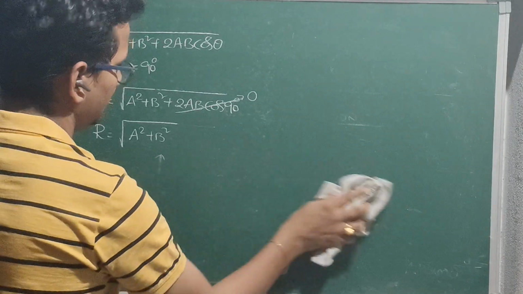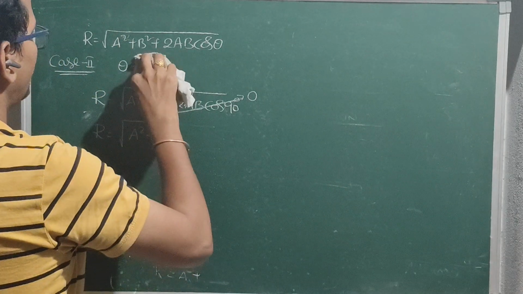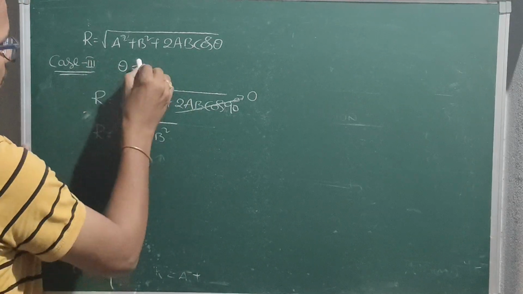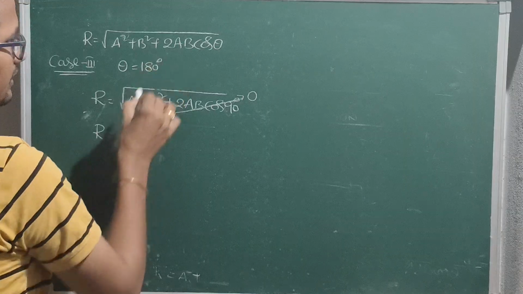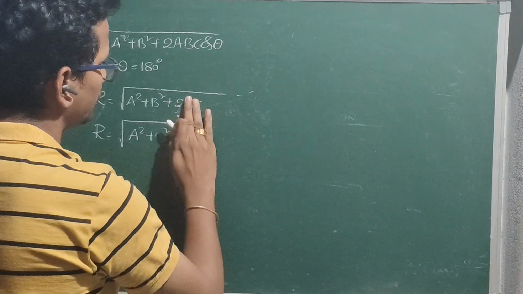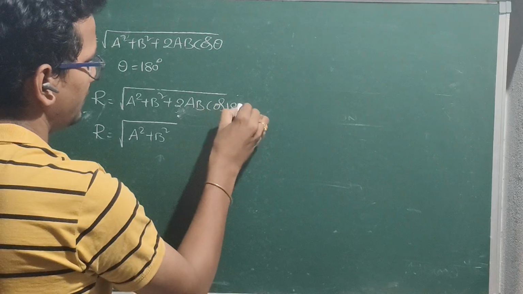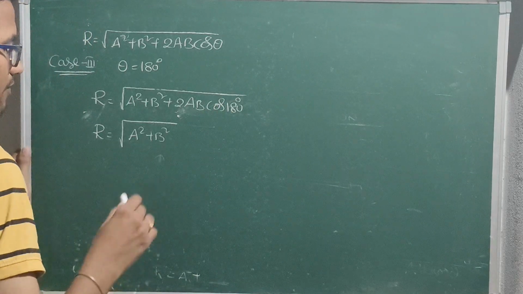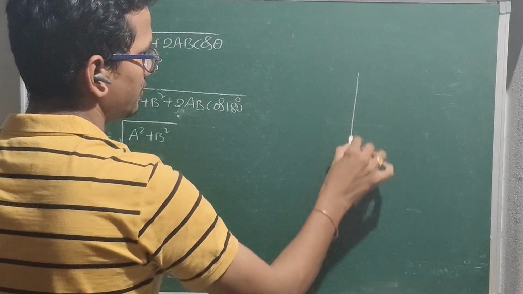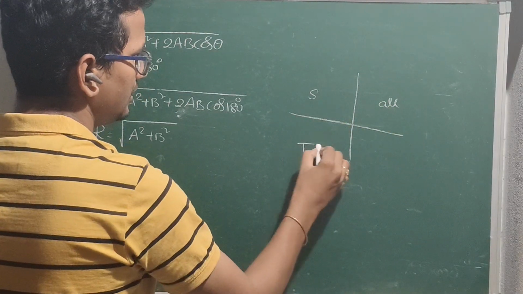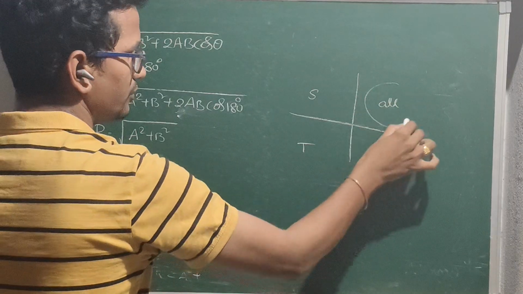Next one, if theta is equal to 180 degrees, that is case 3. Then we get 2AB cos 180. What is the cos 180? First of all, we know the All Silver Tea Cups rule in trigonometric functions. All means all are positive.